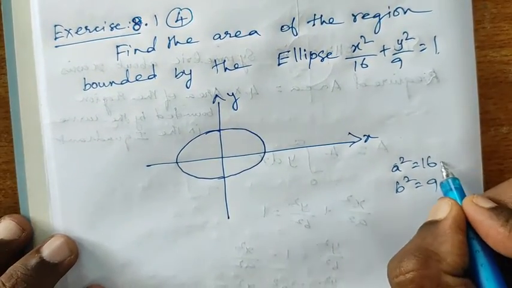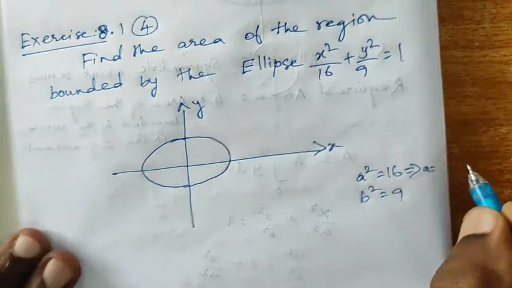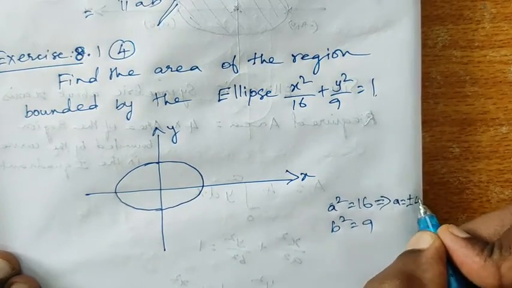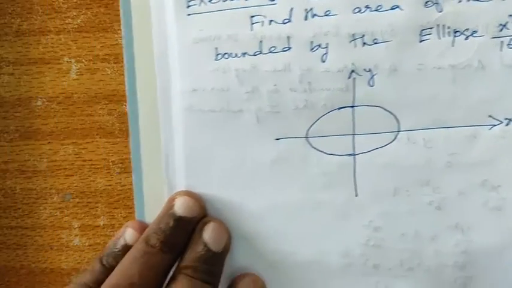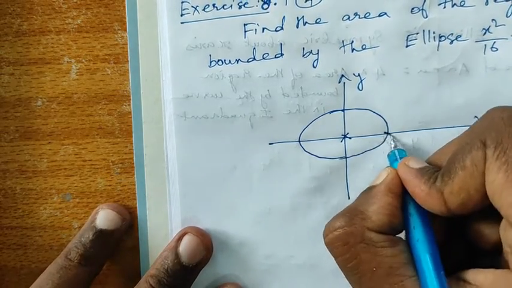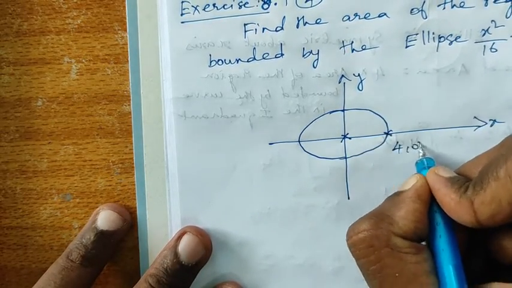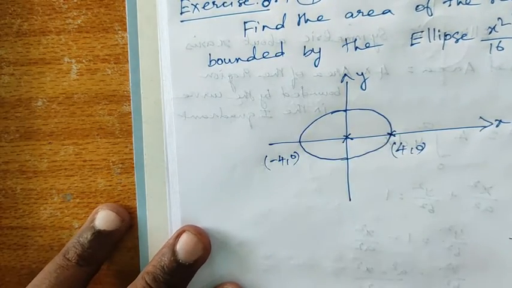So a square is equal to 16, which implies a is equal to plus or minus 4. Origin is the center. Now (4, 0) and (minus 4, 0) are the vertices.